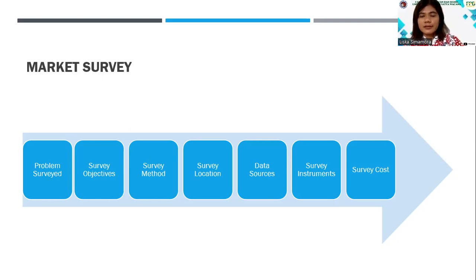Then you go to the location where you found the problem, and from the location, you get the data. Your data source can be nature, or the people, or other creations there.